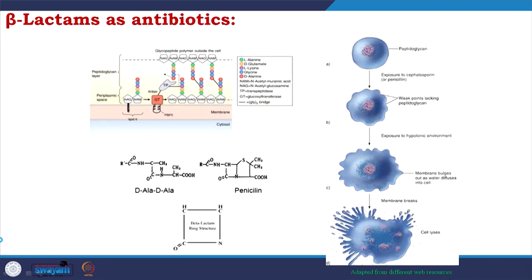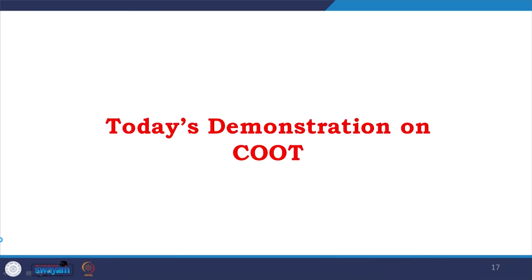So, in today's demonstration, I would talk about protein ligand interaction, but what I did, I tried to make it a story, so that in addition to looking at how I am using Coot, you could also understand how science could be done.